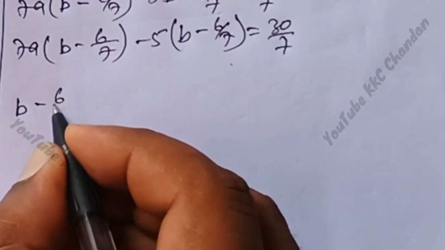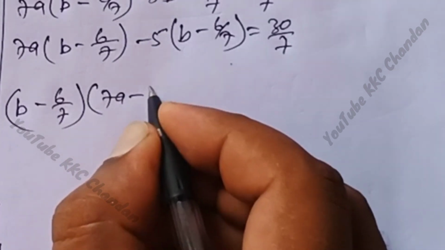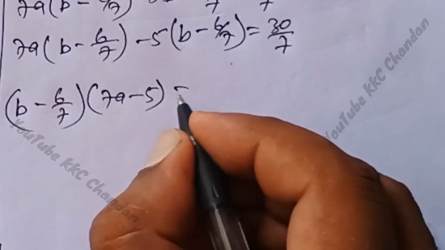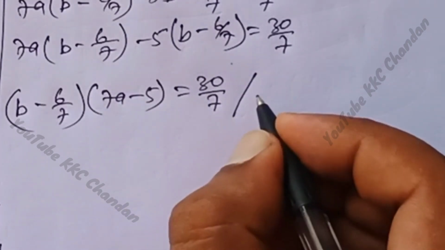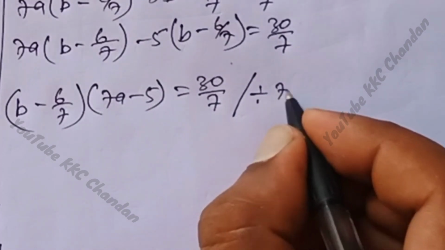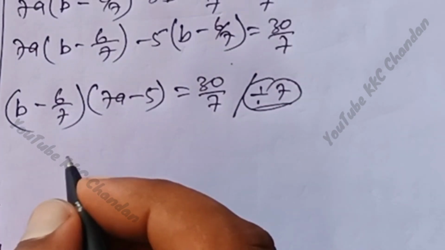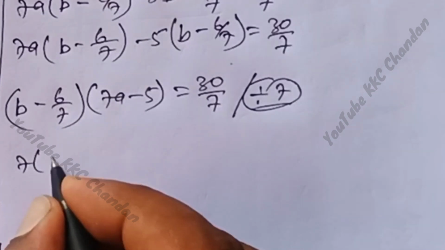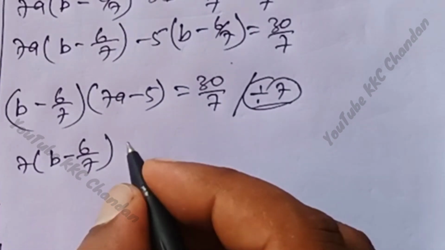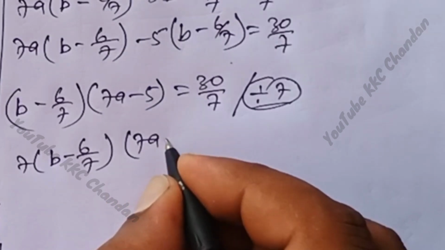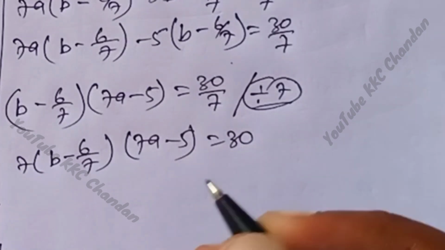b minus 6 divided by 7, bracket close, into 7a minus 5, bracket close, is equal to 30 divided by 7. Both sides are divided by 7. After that, 7 into b minus 6 divided by 7, bracket close, into 7a minus 5, bracket close, is equal to 30.